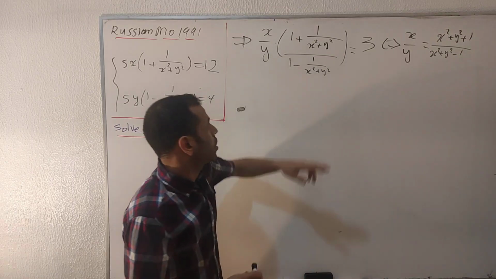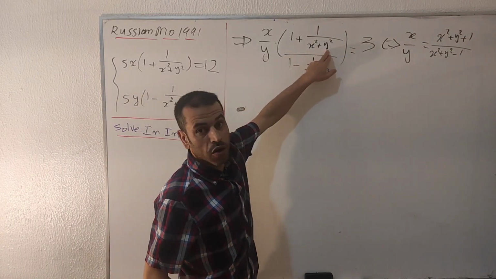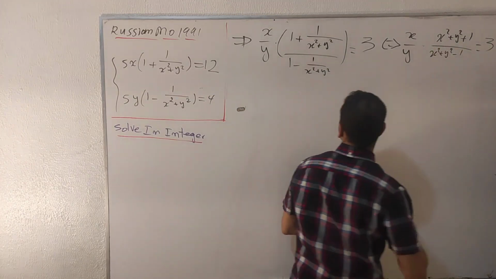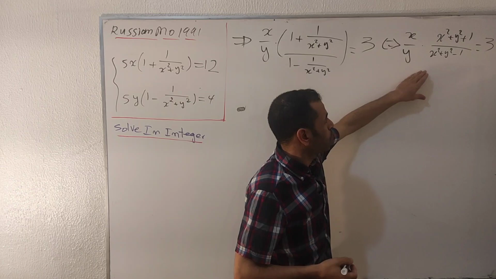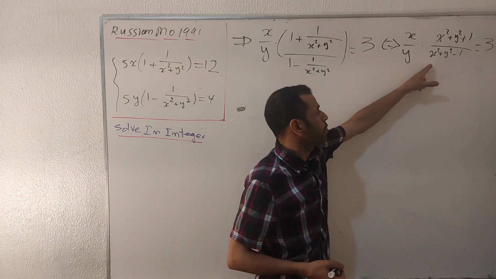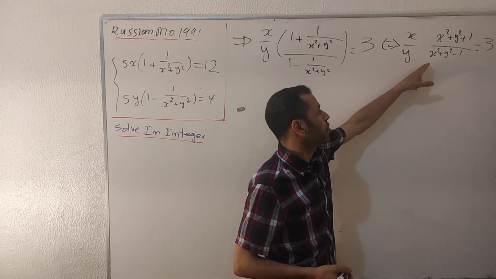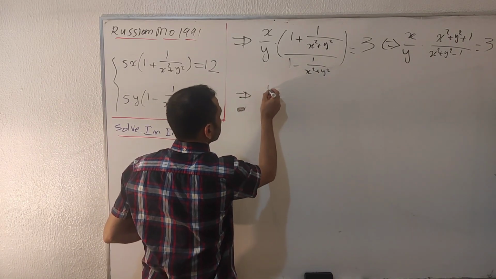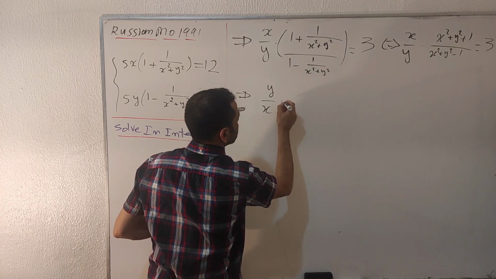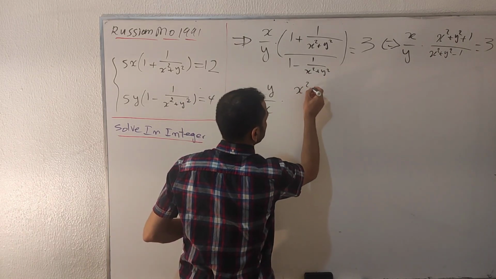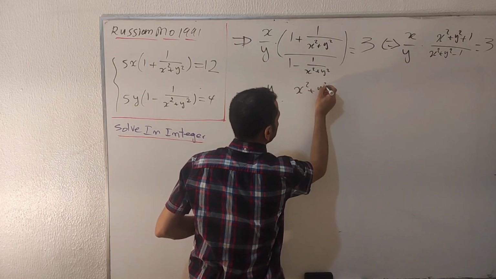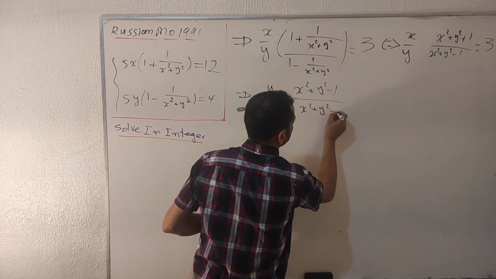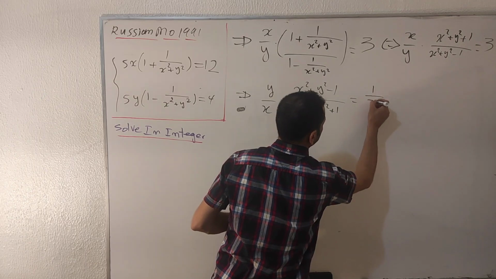You may ask where the x squared plus y squared goes, because this one cancelled out, equals number 3 here. Okay? I'm going to take the inverse of this one, flip this equation. So I will get y over x multiplied by x squared plus y squared minus number 1 over x squared plus y squared plus number 1 equals 1 over 3, like this.